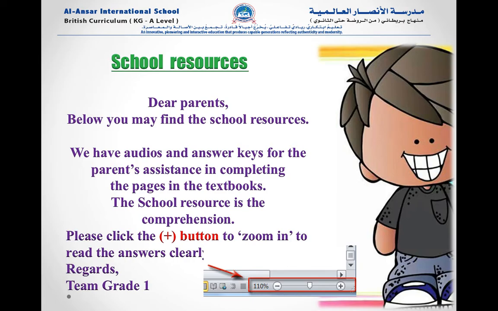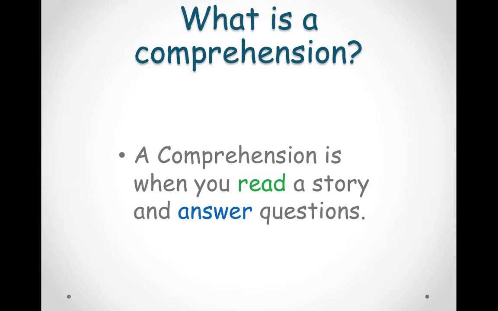Now, these are your school resources. The school resource for today is the comprehension that you will be completing. Now, I want you to answer the question that I asked at the beginning. What is a comprehension? Who knows? Amazing work! A comprehension is when you read a story and answer questions.